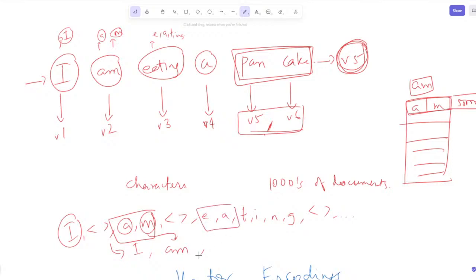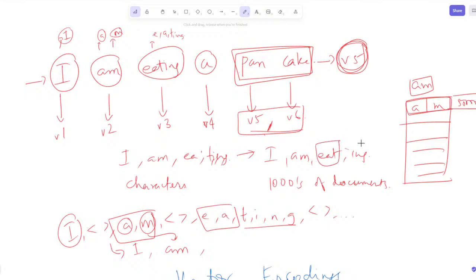What about EA? EA is also occurring together very often. What about EAT? The next time when I parse this, so let's say I take EA and I still have the other characters. So it comes to I am EA TING. These are all separate. Converts to I am eat ing.